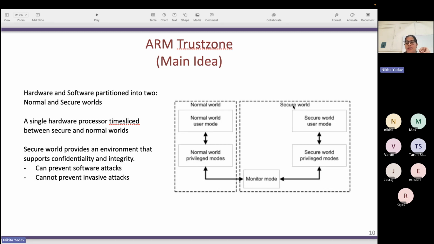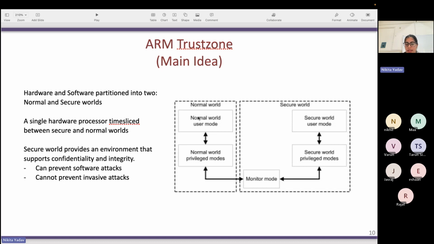The other is called the secure world, also called the trusted execution environment, or TEE for short. Your hardware and software are also partitioned into these normal and secure worlds.